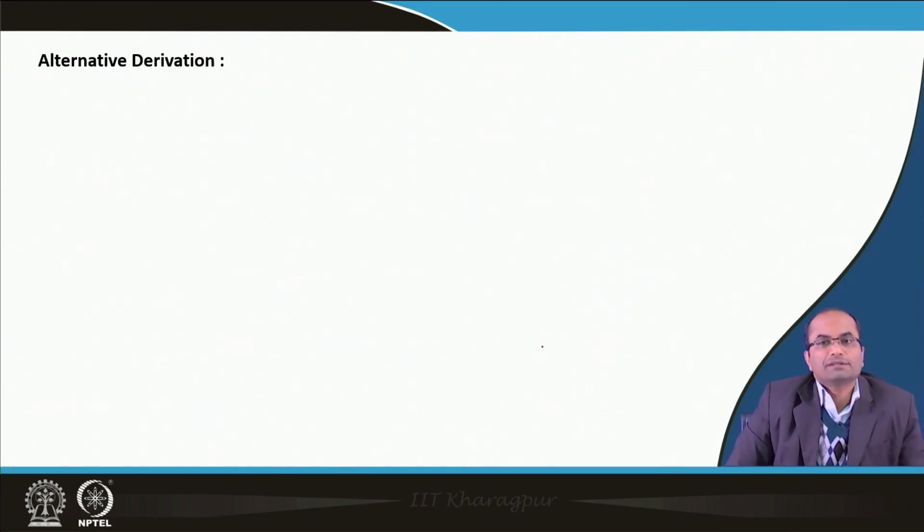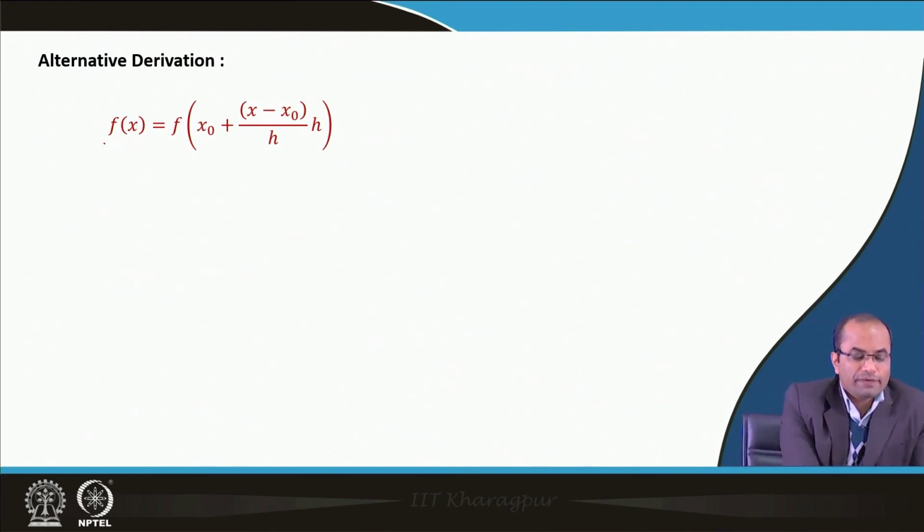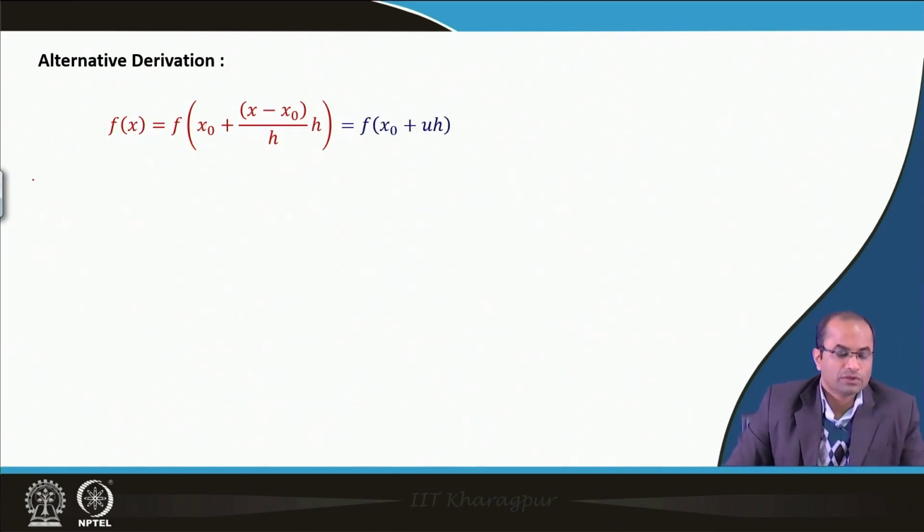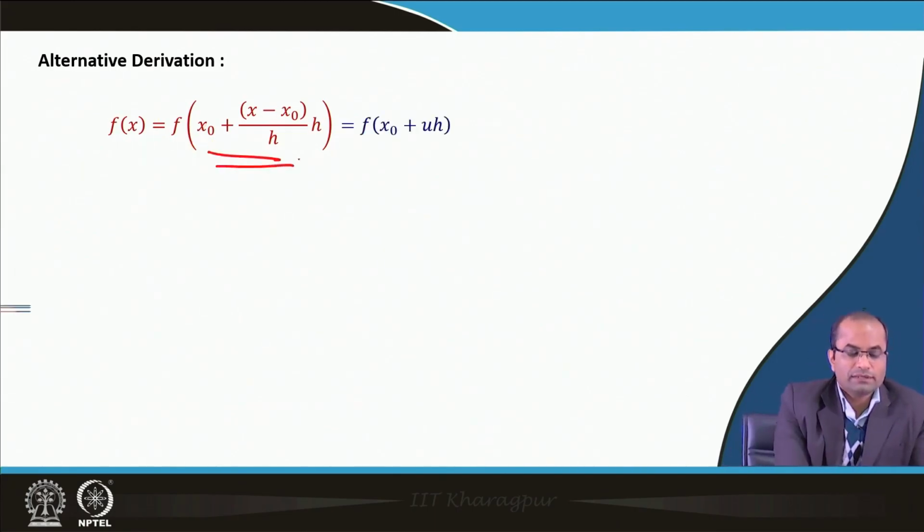So, the same derivation, just a quick view to derive this in a different way. So, f x we can write down as x naught plus x minus x naught over h. So, you just see that h gets cancelled and x naught gets cancelled, and we have still f x there. So, having this now, we know the notation only, that x minus x naught over h we are taking as u.